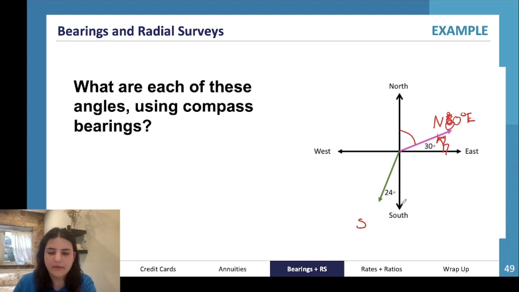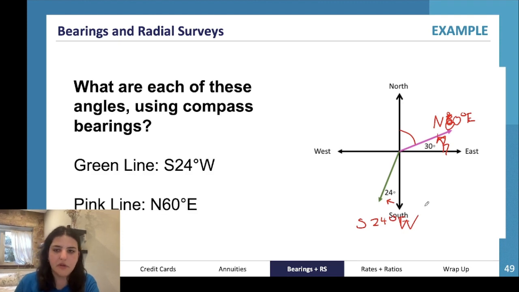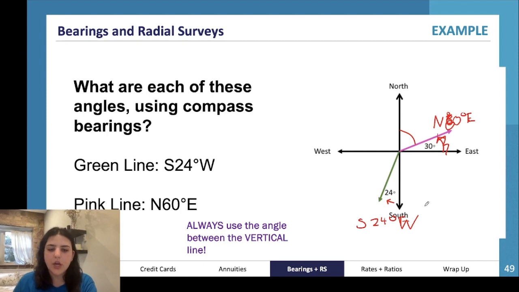Why do I keep second guessing myself? This one is 24 degrees away from the south line, so we would do south 24 degrees west. Remember, you're always using the angle between the vertical line, so don't worry about using this angle in here.